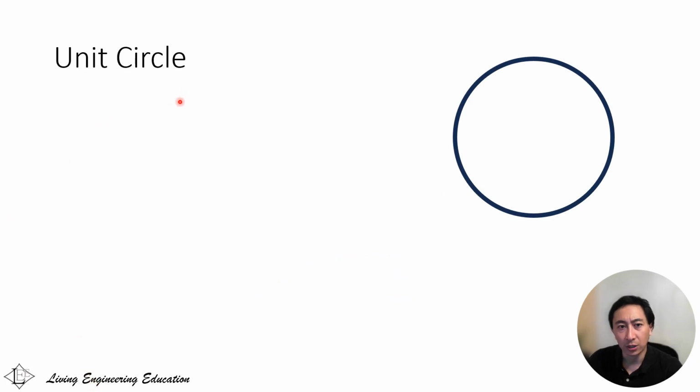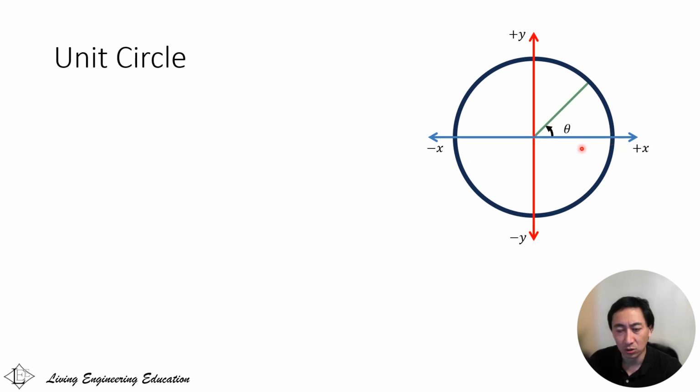Okay, so when we look at the unit circle, here's our circle, and we think about the horizontal as our x-axis, the vertical as our y-axis, and the origin being at the center of this circle. All right, so we define an angle on this unit circle as being positive going counterclockwise from the positive x-axis. So it's going in this direction here.